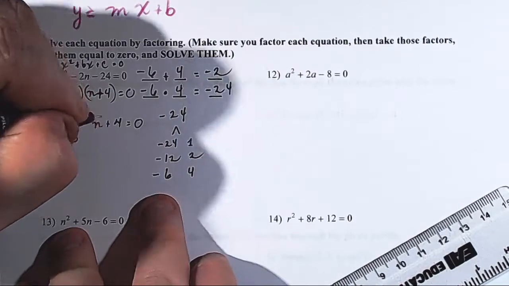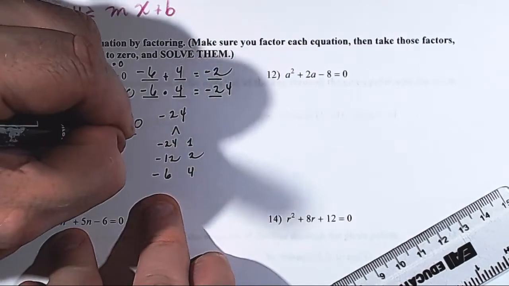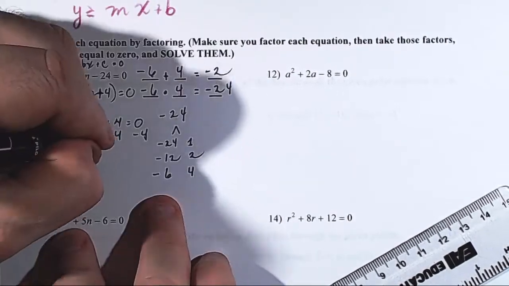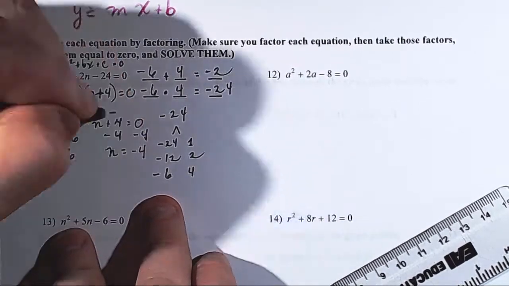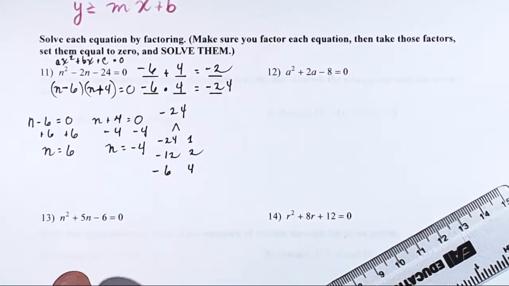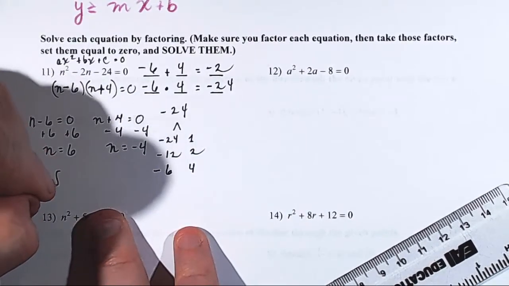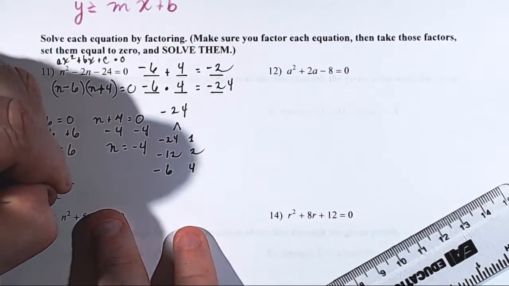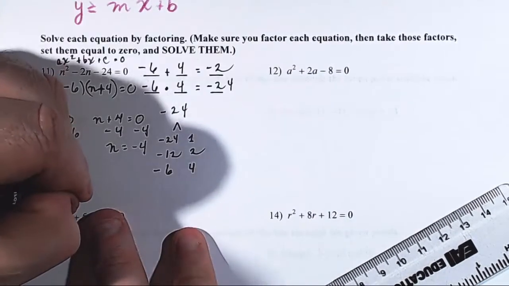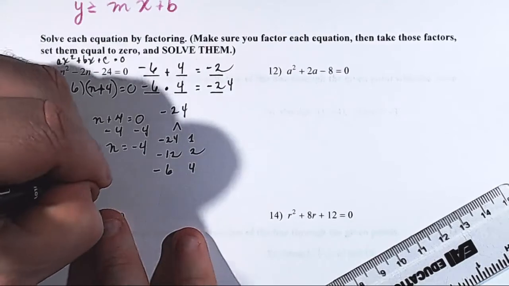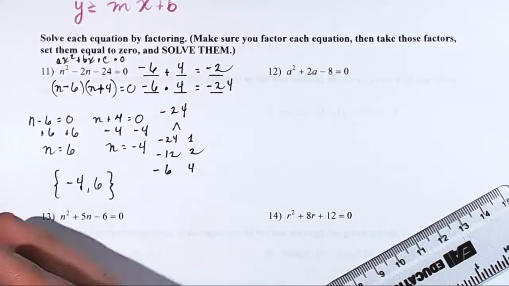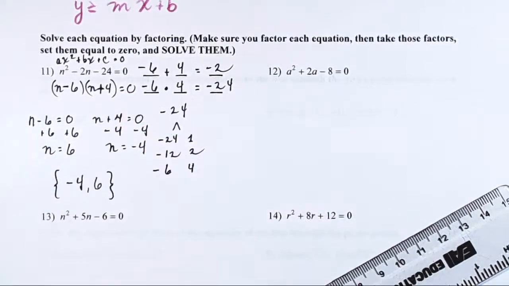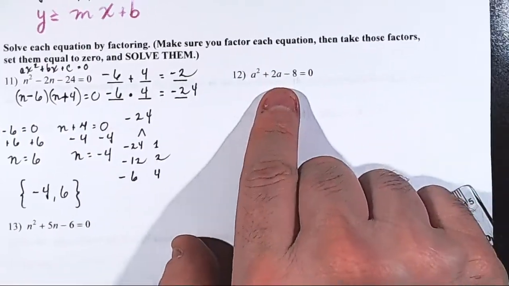And here I have n plus 4 equals 0, so I'll subtract 4 from both sides, and I have n equals -4. So my solutions are -4 and 6. You can write them like that, as long as you show that that's how you got your work done. Number 12.